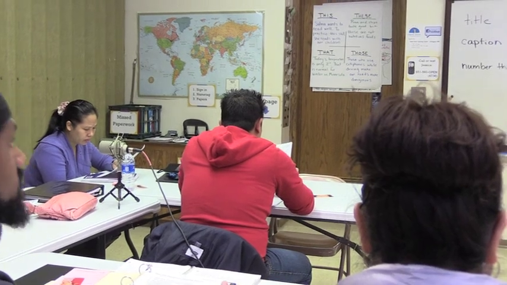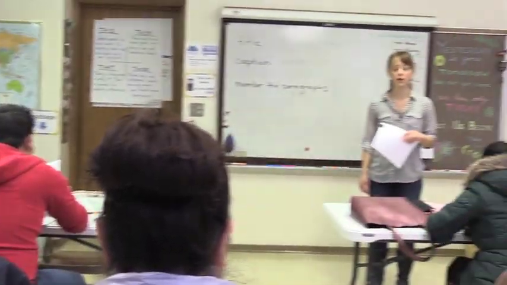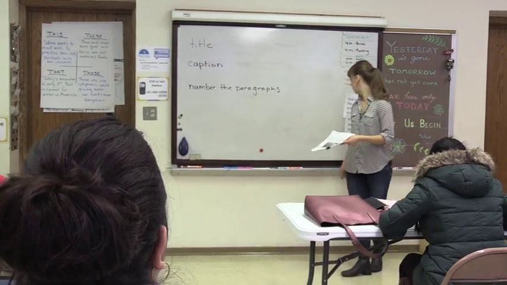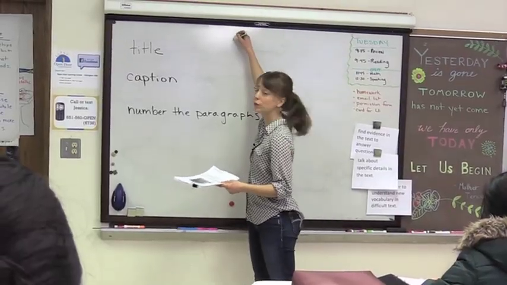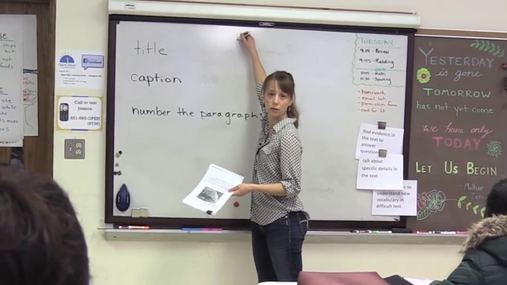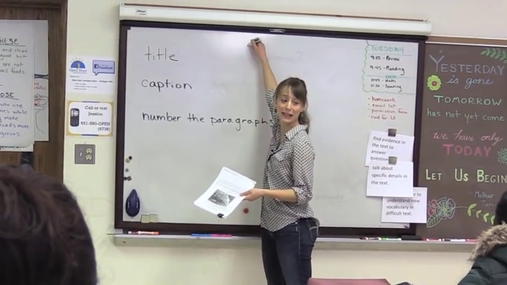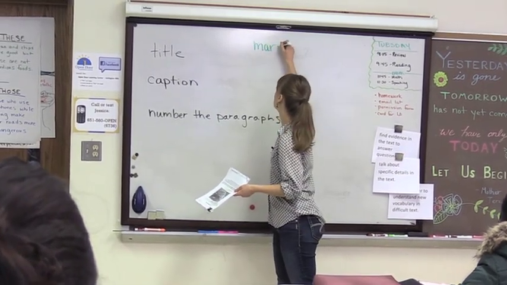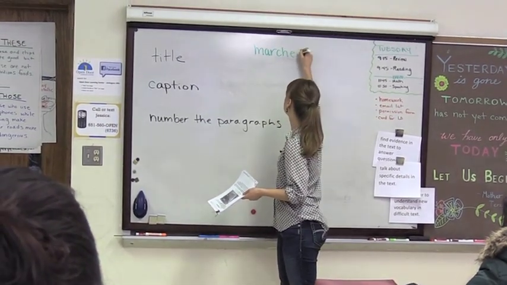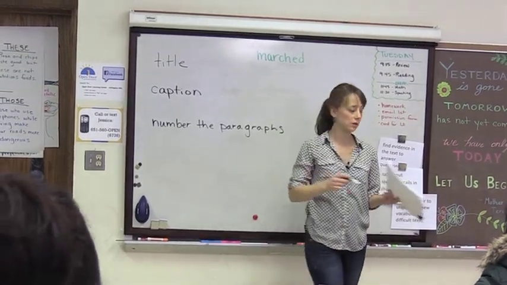That word in the middle is marched. Say with me, marched. Marched. What is the root word? What's the root if we take away the ed ending? March. Good. And then past tense, marched.